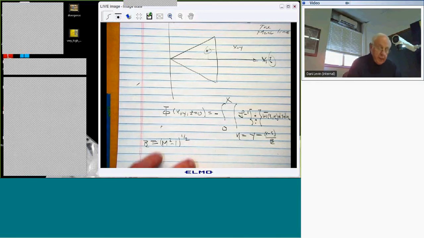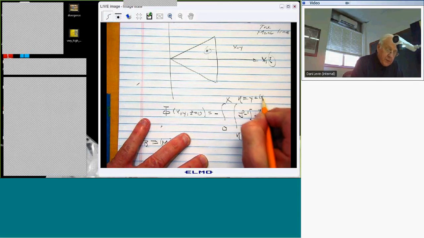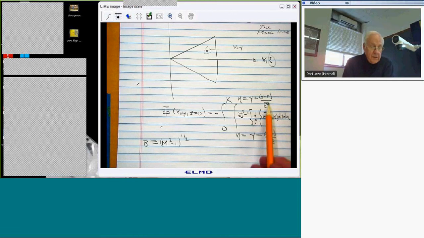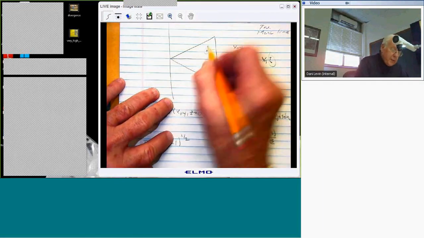And this is eta equals y plus x minus xi over beta. Note that if xi equals x, this term goes to 0, and the integral with respect to eta goes from y to y. That's not a very large interval. And what it amounts to is you need to integrate over this area.